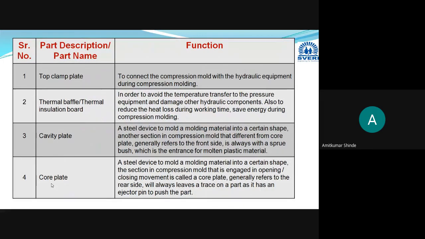Please see these parts and try to understand where that part is present in the diagram, and try to understand their function.